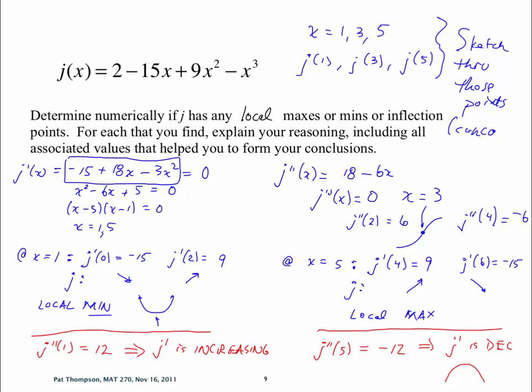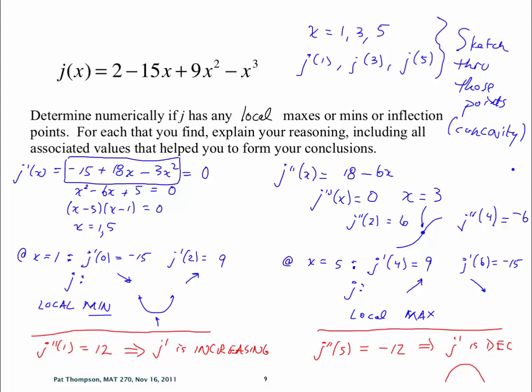Getting all the concavity correct. And getting your local max, your local min, your inflection point. That's the easy part, right? We laid all the groundwork to just kind of get the dots, connect the dots with the right shape, okay?